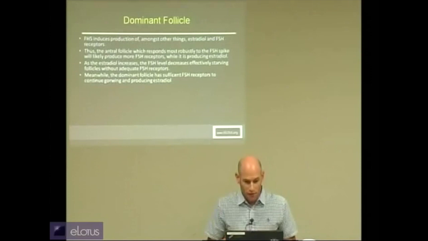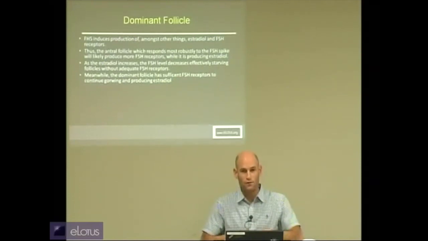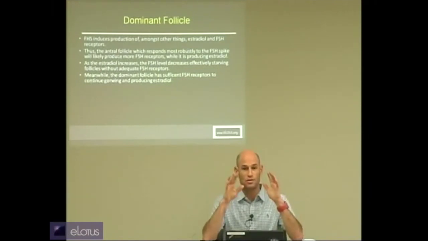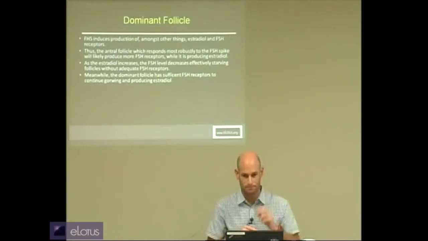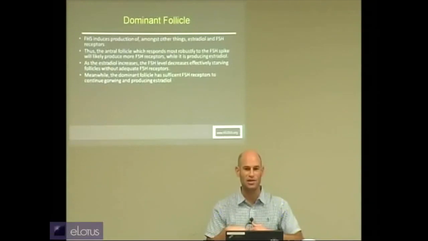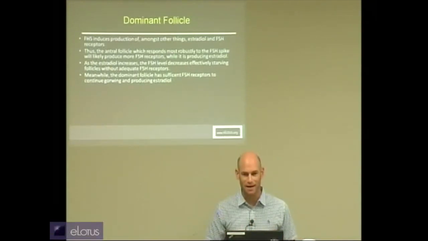The estrogen will then feed back up to the brain, and that will make the brain produce less FSH. As the amount of FSH diminishes, if you have more FSH receptors, you can soak up that FSH, and the follicles with fewer FSH receptors will then shrink away. And this is the way in which we choose a single dominant follicle.